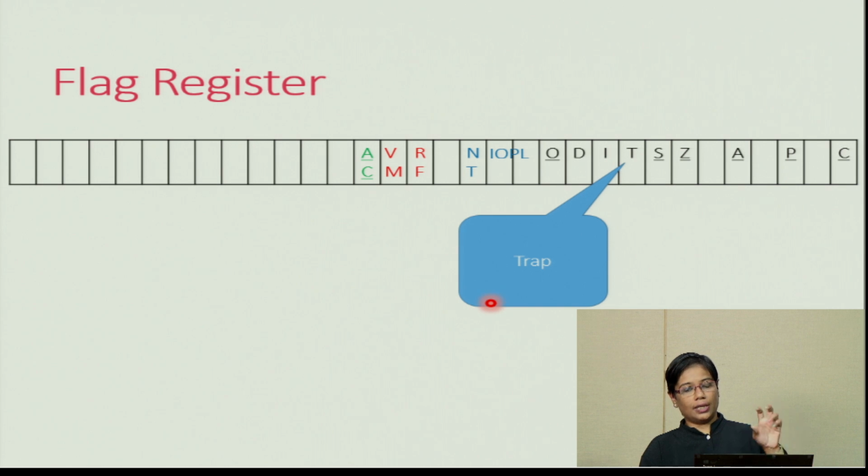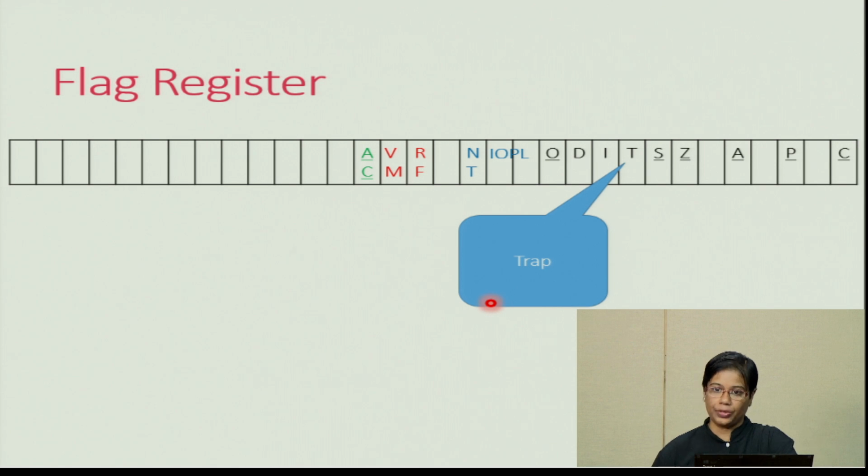But essentially the trapping function or the trace function is used for debugging by the programmer, because the processor halts after every instruction. After every instruction, the programmer can examine the contents of registers or memory locations to see whether the instruction was executed successfully or not. So the trace flag is a control flag. If the trace flag or trap flag is set, the microprocessor will essentially stop execution after every instruction.